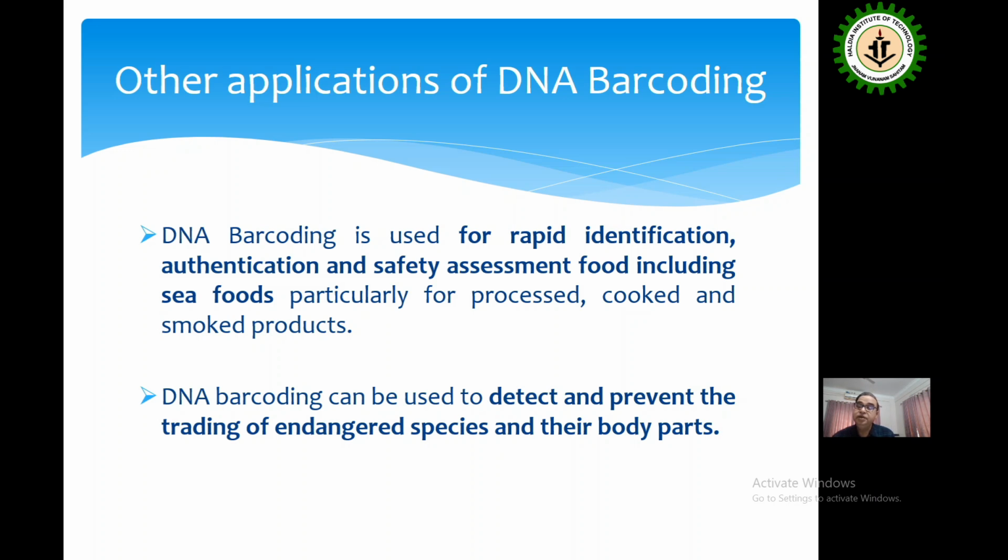So many endangered species are illegally traded. Normally what happens, they cut the body parts into pieces and then they trade it. So sometimes it is very difficult to identify the species when they are cut into different parts, but DNA barcoding can easily identify those species and the proper preventive measures can be taken.